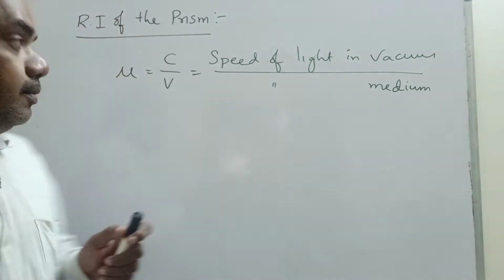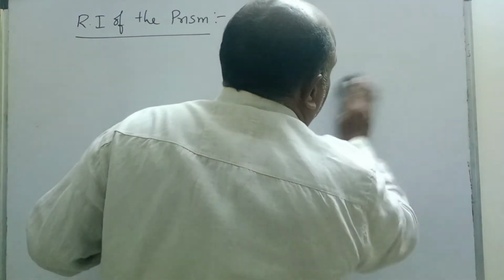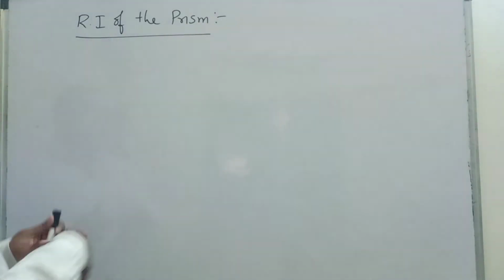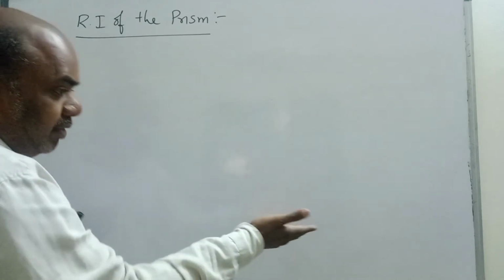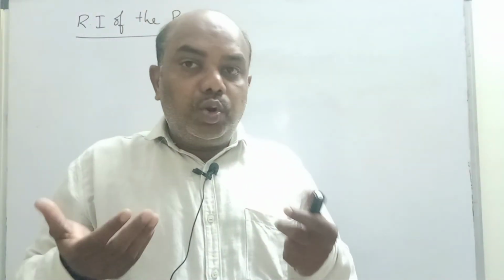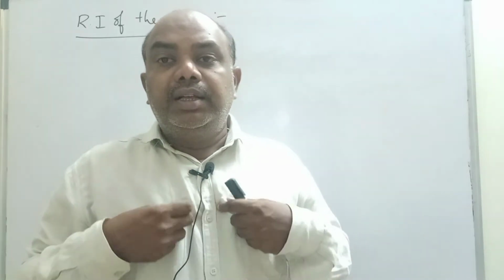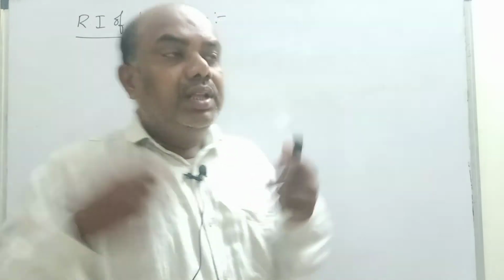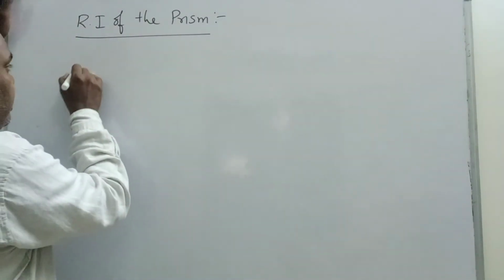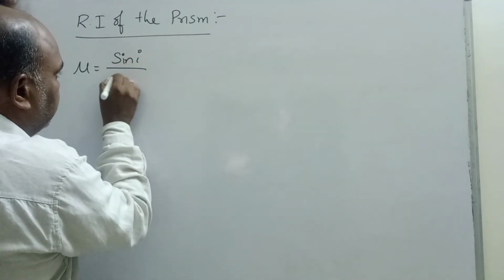Now see children, this is one formula, c by v. The speed of light in vacuum we know, but the speed of light in the prism we don't know. If you don't know the speed of light in a given medium, we have another formula, that is Snell's law. Snell's law is mu is equal to sin i by sin r.